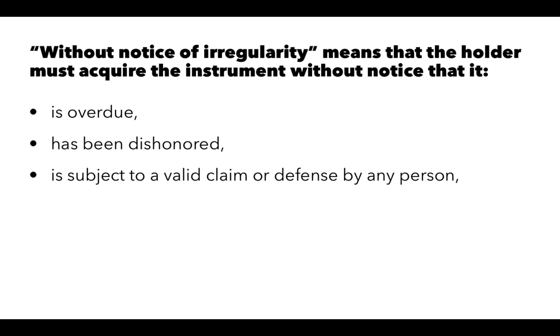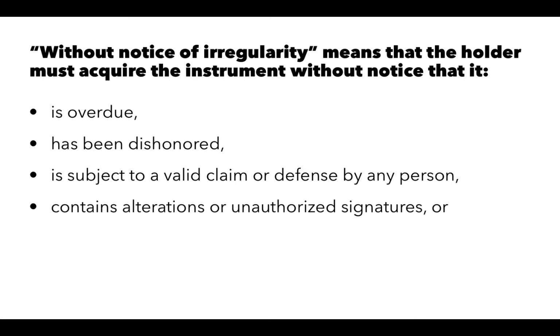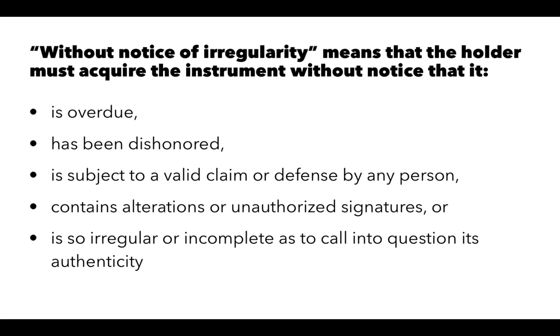If a transferee learns of a valid claim or defense prior to the transfer, the transferee cannot be a holder in due course because they cannot claim to have taken it without notice of any irregularity. Also, the instrument must not contain alterations or unauthorized signatures, or be so irregular or incomplete as to call into question its authenticity.